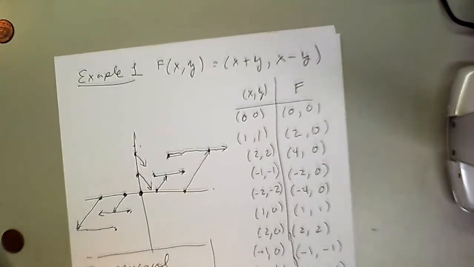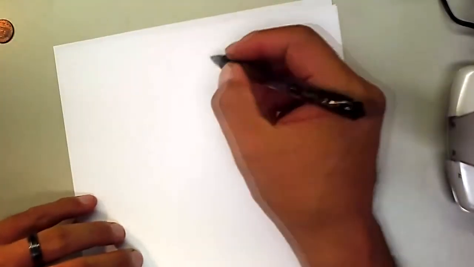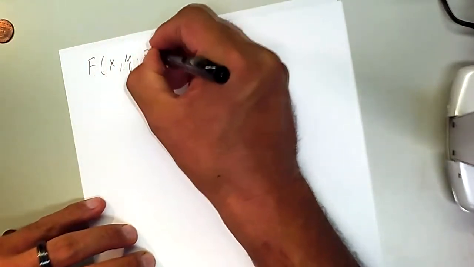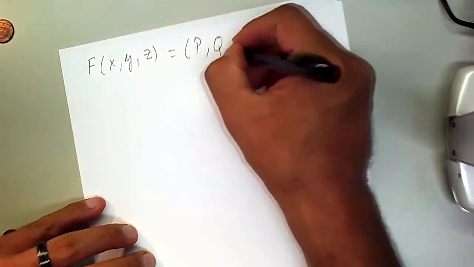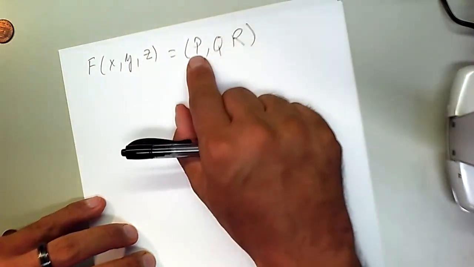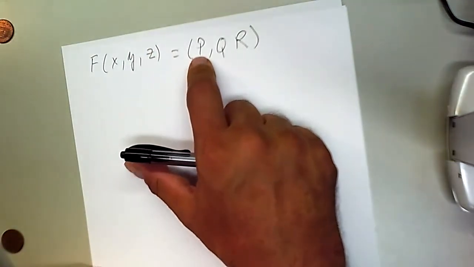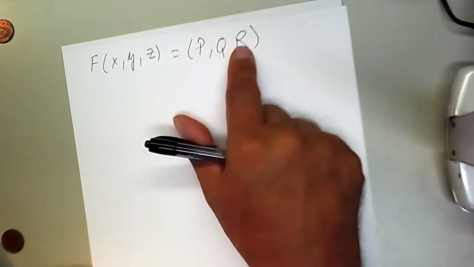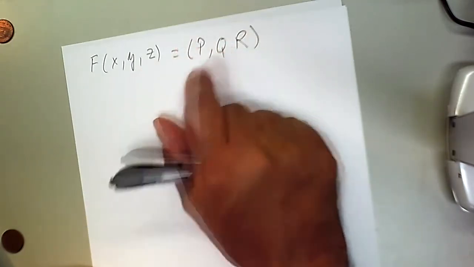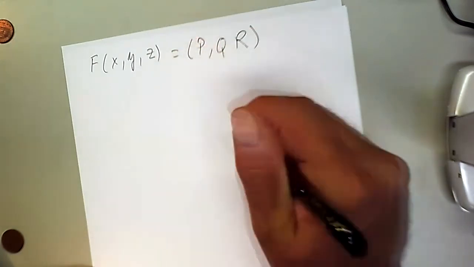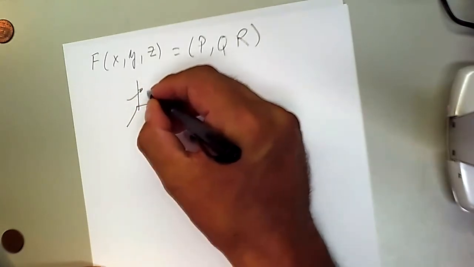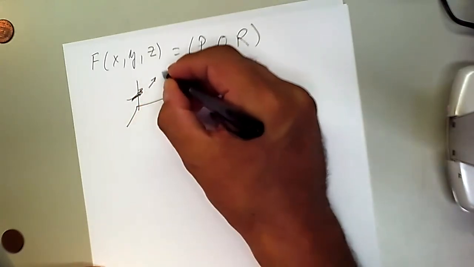We could have three-dimensional vector fields. So those are a little more complicated. So we could have F(x, y, z) equals (P, Q, R). Those are just multivariable functions with one output each one. And so together they make a vector. And generally you have, again, each one of those vectors are straight.